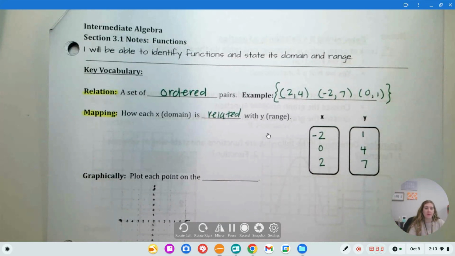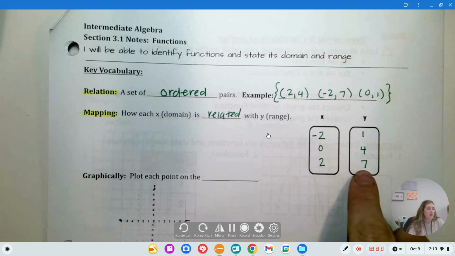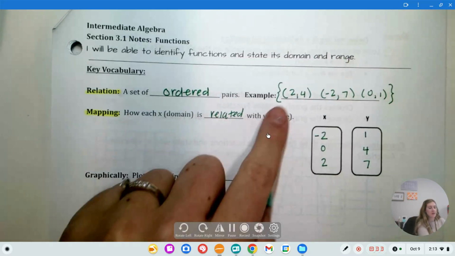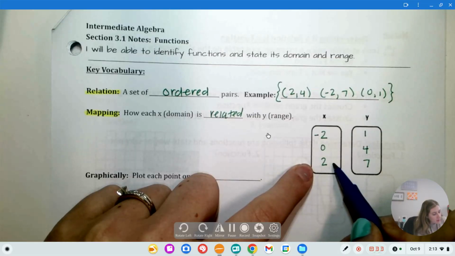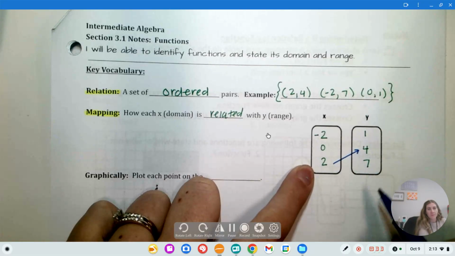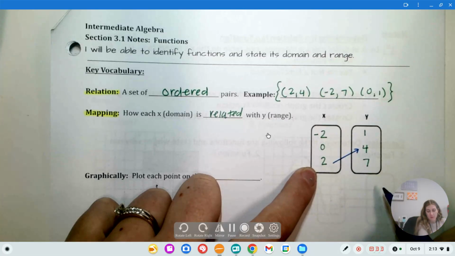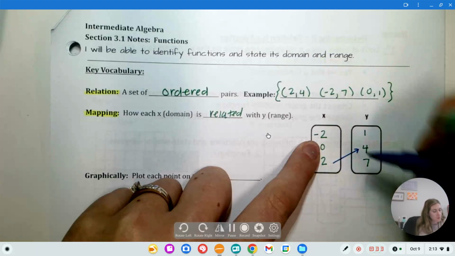Now the cool thing about a map is that they do not have to coordinate across from each other. What we're going to do is actually draw arrows. So if I look here, 2 coordinates to 4. So I'm going to draw an arrow from 2 to 4. This tells me the ordered pair is (2, 4), not (2, 7). My next one here says (-2, 7), so here's -2.